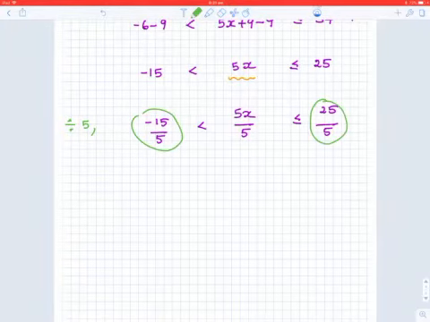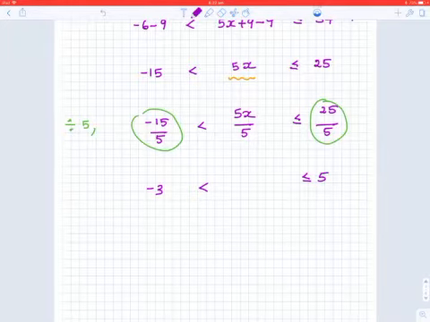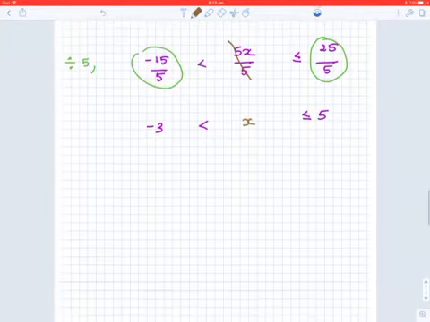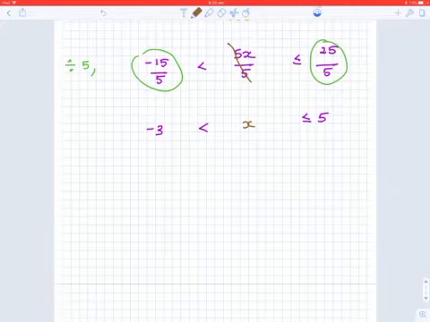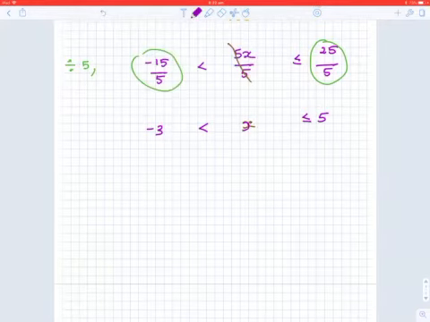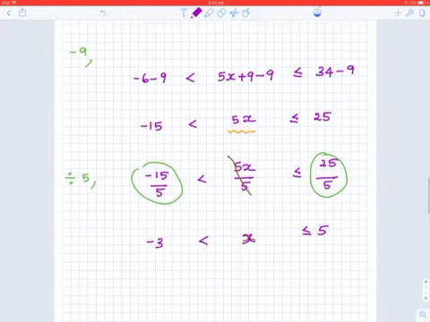This becomes minus 3, this becomes 5, and the 5x divided by 5 leaves x. So my solution is minus 3 less than x less than or equal to 5.